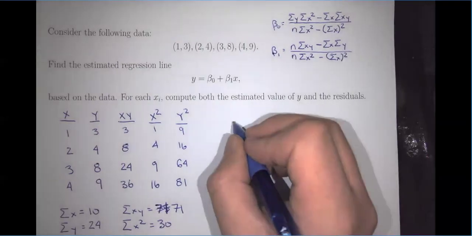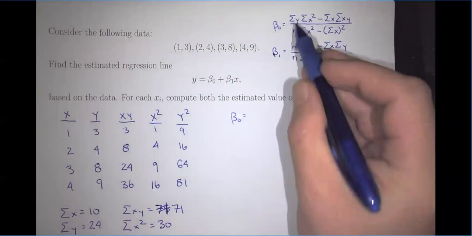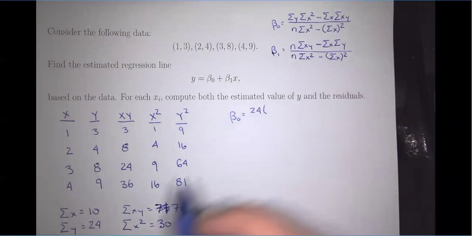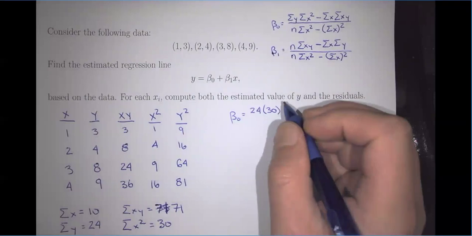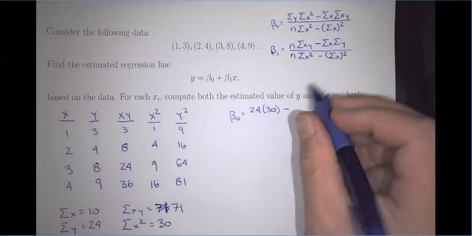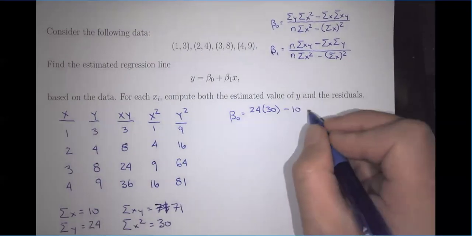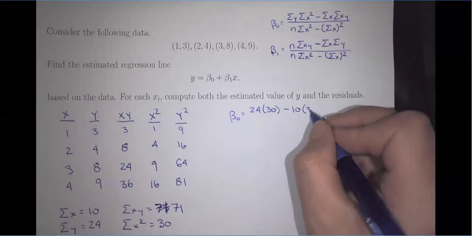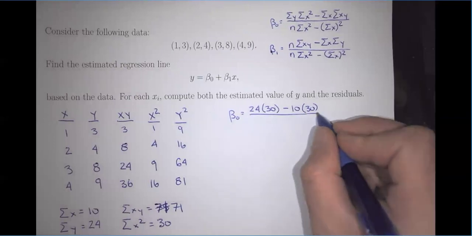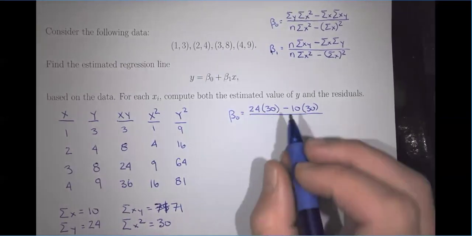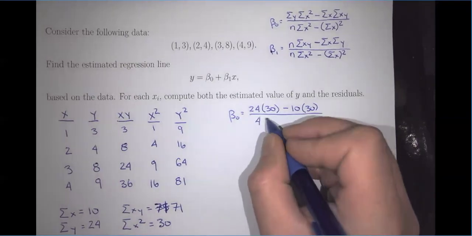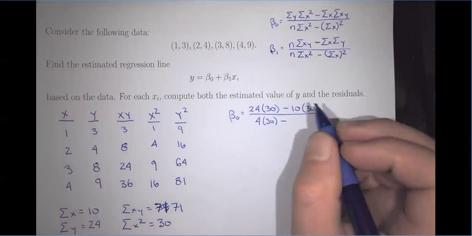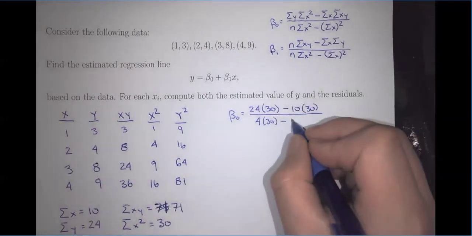Okay. So our beta naught is going to be the sum of the y's, which is 24, times the sum of the x squareds, which was 30, minus the sum of the x's, which was 10, times sum of the xy's, which was 71, divided by n, which we know is 4 points, times the sum of the x squareds, 30, minus the sum of the x's, 10, so this is 10 squared.